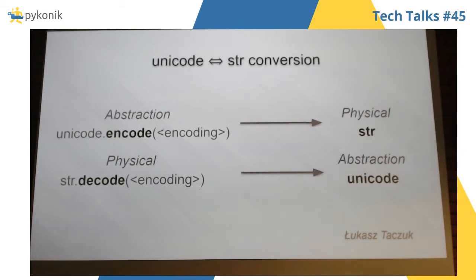And how do you convert from Unicode to string and from string to Unicode? Well, you take the Unicode object and you encode it to a string.